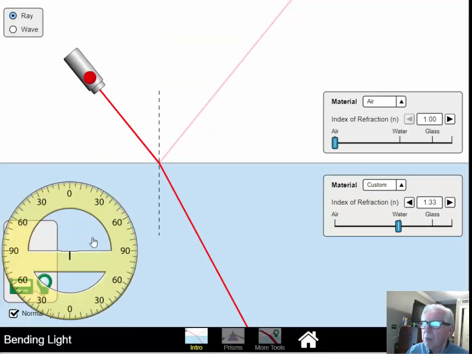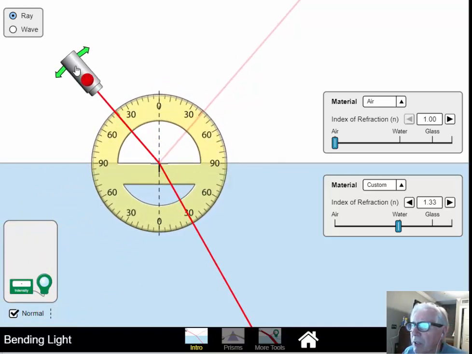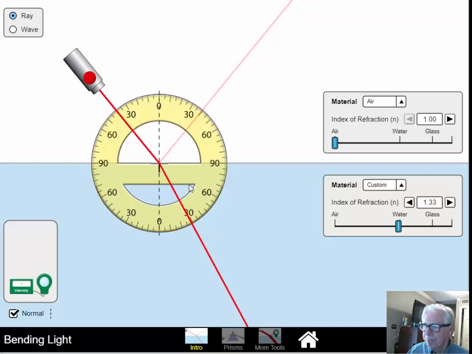I'm going to put my protractor back, and I'm going to make this 40 degrees. I have air, which has a refractive index of 1, where my pointer is pointing, and then I have custom, and it's on water, so I want 1.33.